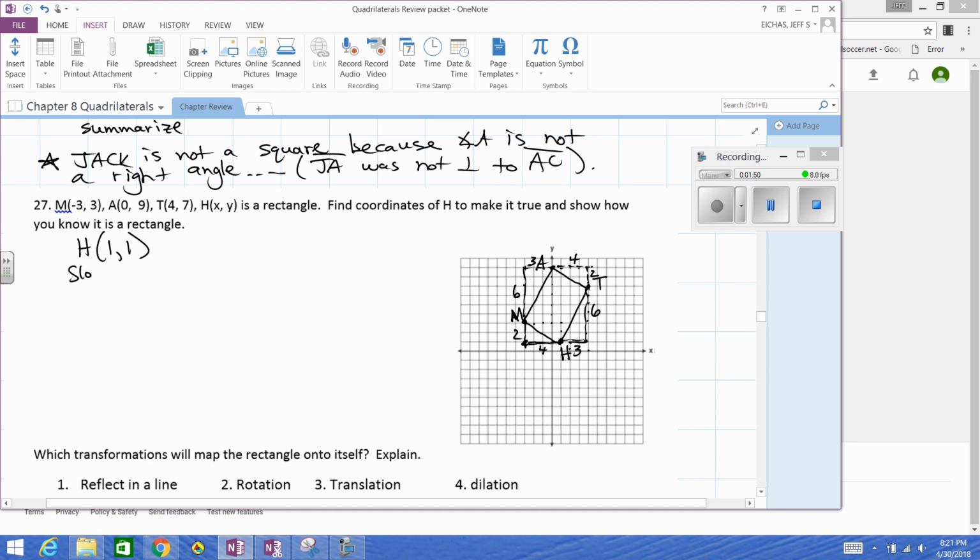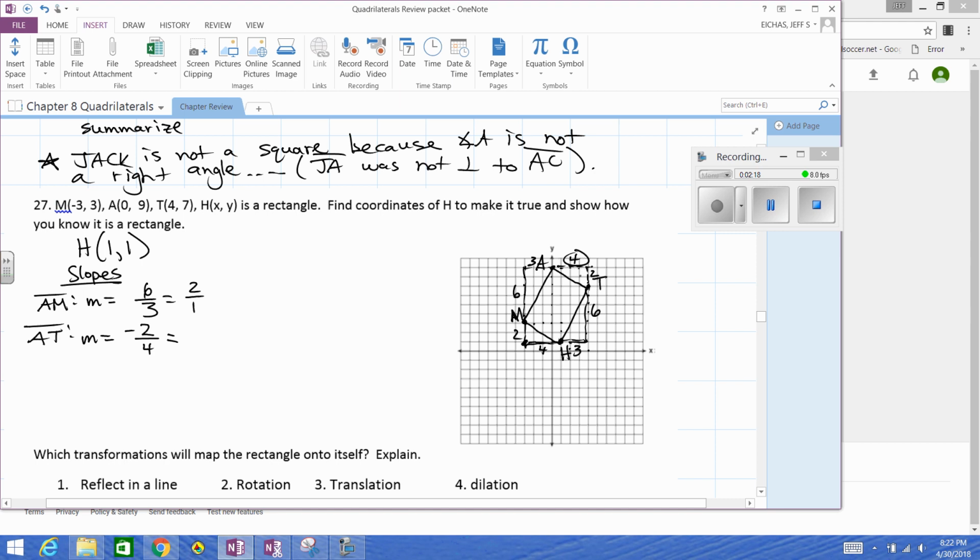So we're going to talk about slopes first. This is going to be our evidence. Okay, so we're going to talk about AM. The slope of that is up 6 over 3, and it's positive. So that's going to reduce down to 2 over 1. Let's see, AT. We're going to use a negative 2 over 4. So the change in x, or the run, is 4.